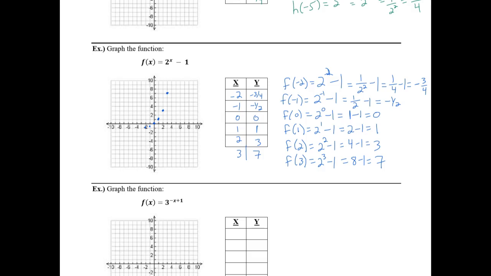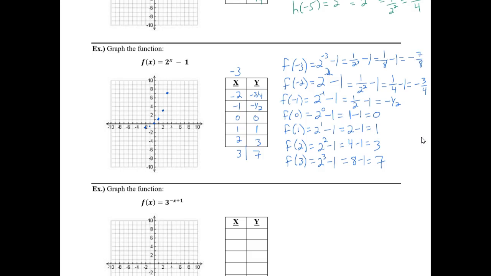So the question is, how far down am I going to go here? Is it going to go past -1? Well, let's see. Let's try something in the other direction. Let's try -3. F of -3 would be 2 to the -3 minus 1. So I take the reciprocal of 2, I get 1/2, and the 3 becomes positive. 2 cubed is 8, and then I would get -7/8 there.